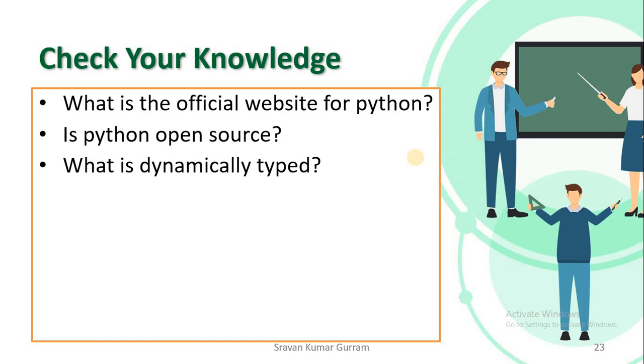What is dynamically typed? Dynamically typed means the data type of the variable will be decided at runtime. Python is a dynamically typed programming language, whereas C, C++ and Java are called statically typed programming languages. Do we use a compiler in Python? This is a very important question. We have seen already the execution steps of Python.